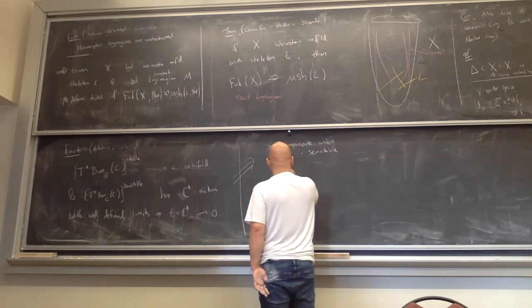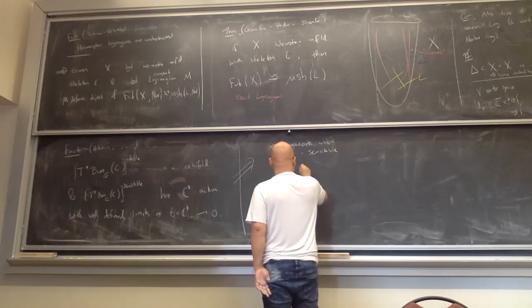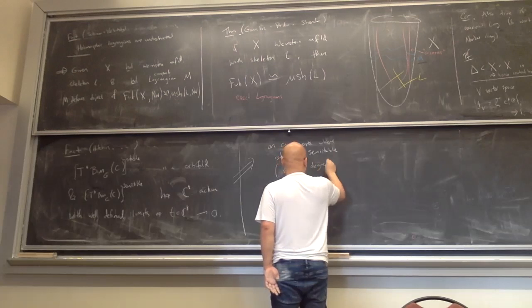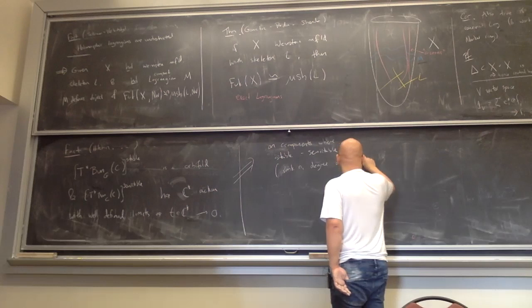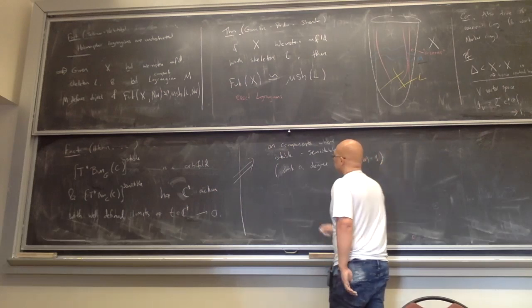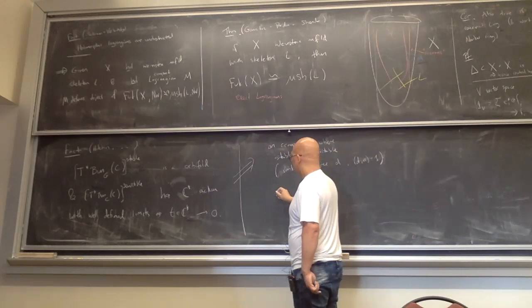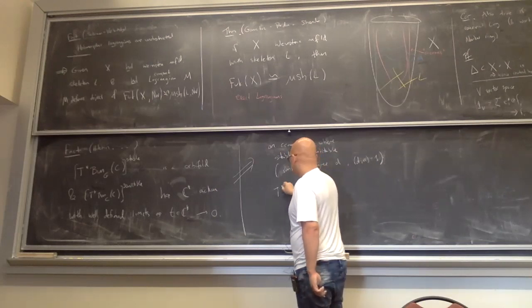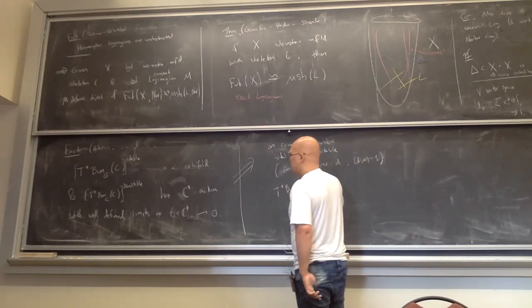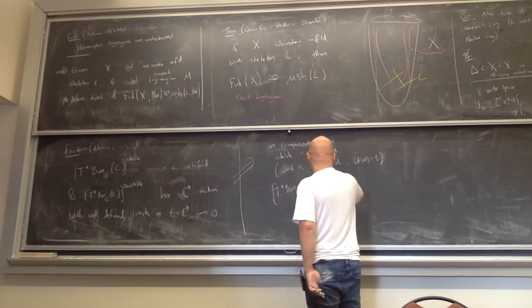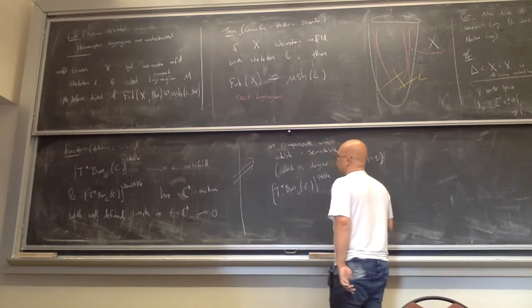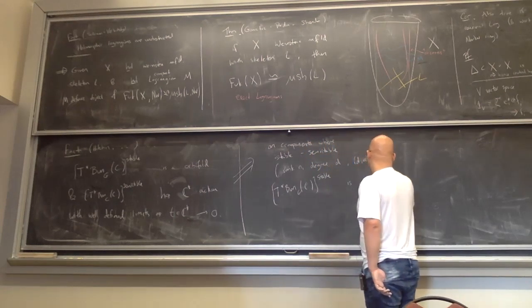So this is, for example, G like rank N and degree D bundles, where D is coprime to N. So on components like this, this T star Bun_G C stable is a Weinstein orbifold.